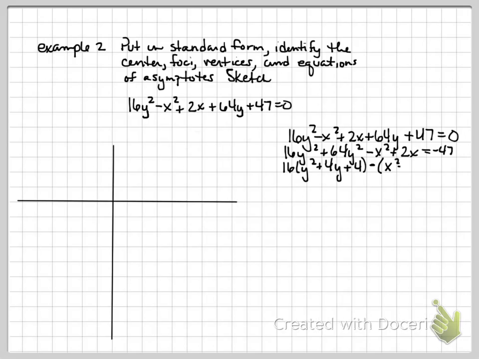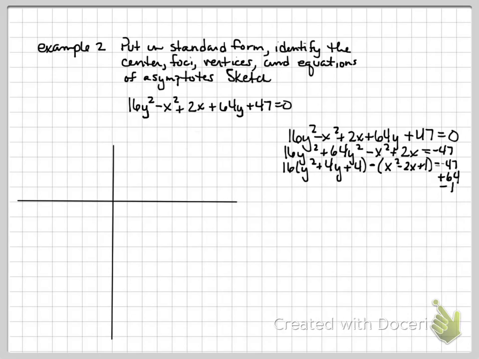So that's going to change that positive 2 to a negative 2. Divide by 2 squared gives me a 1 plus, and I did not give myself enough room here. So it's negative 47 plus 16 times 4 is 64. And then I have the negative times the 1, so I'm going to have minus 1.